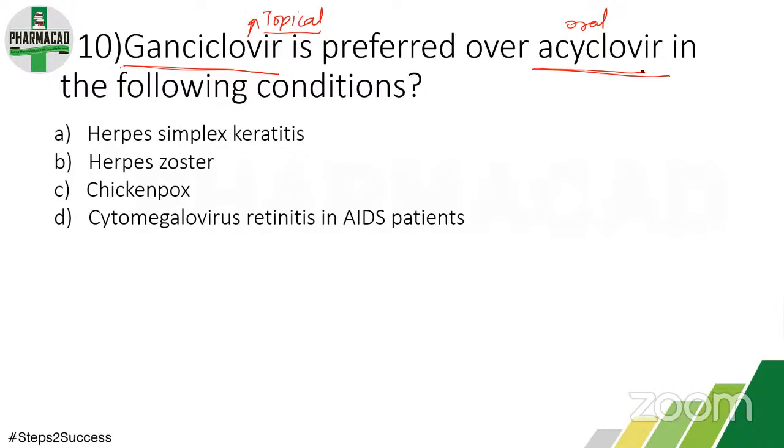Topical ganciclovir is more effective than oral acyclovir in the prevention of recurrence of herpetic keratitis. Why? Because keratitis is related to the eye and skin. So topical application of ganciclovir will be better as compared to the oral one, and it is used in herpes simplex keratitis.